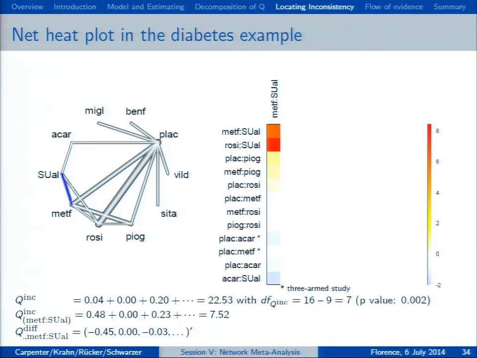And we obtain, after detaching of the design in the column, this color column. On the diagonal, we have the contribution of the design metfsual to the inconsistency statistic. And we can see that after detaching of the design metfsual, the contribution of these designs to the inconsistency statistic increases, which is a sign for inconsistency.